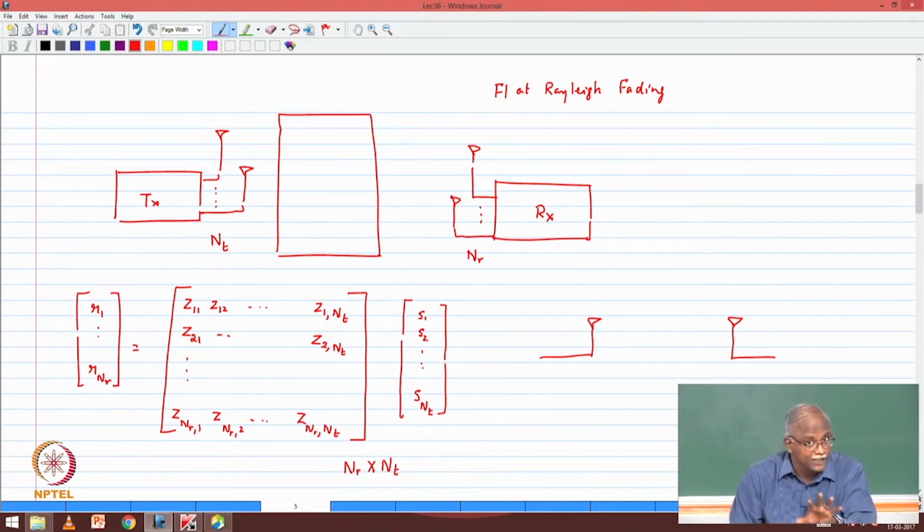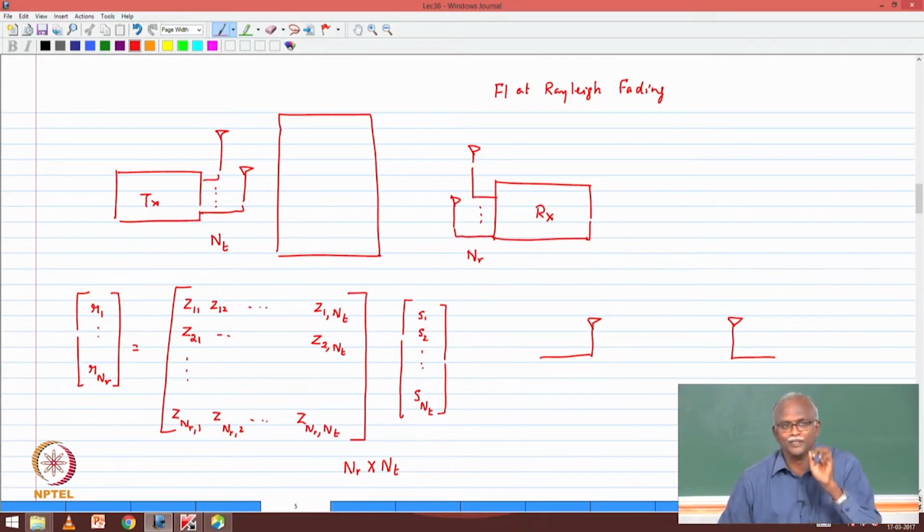That is receive diversity. If it is a transmit diversity system, 2 transmit, 1 receive, it will be a 1 cross 2 matrix that represents the channel. So all special cases, all combinations, SISO, MISO, SIMO, MIMO, can be covered once you understand this basic picture. Okay, good.